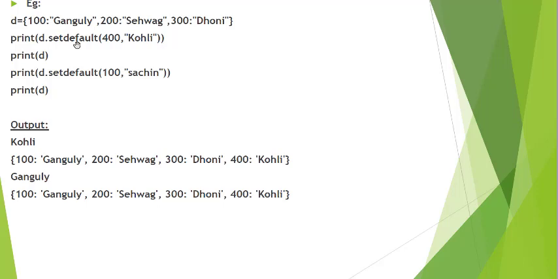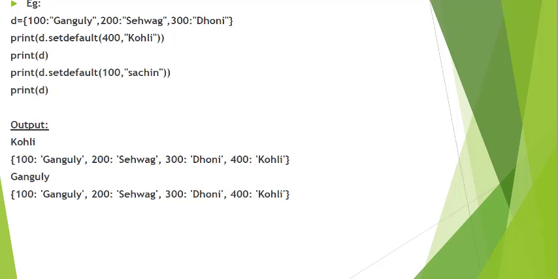For example, we have here the key 100 and the value is Ganguly. 200 is a key and Sehwag is a value. 300 and Dhoni. Now we say d dot setdefault 400 Kohli. Since 400 was not there, this 400 and Kohli will be added to the dictionary.